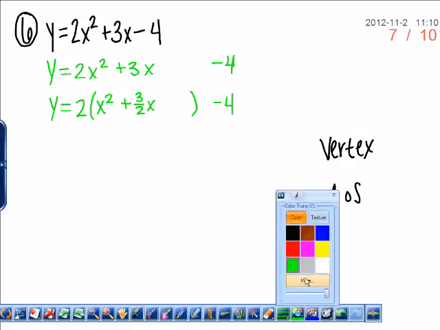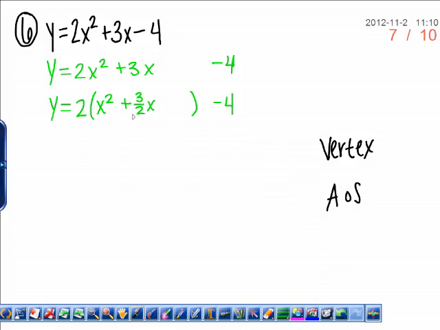All right, so what's my b value? 3/2. When I want to half 3/2, normally I've been dividing it by 2, right? But instead I could multiply by 1/2. Dividing by 2 is the same as multiplying by 1/2.